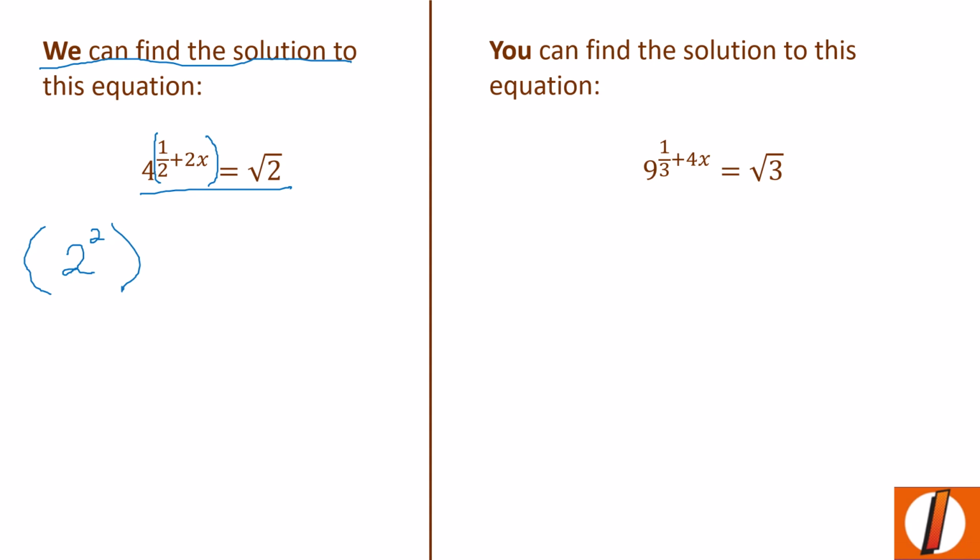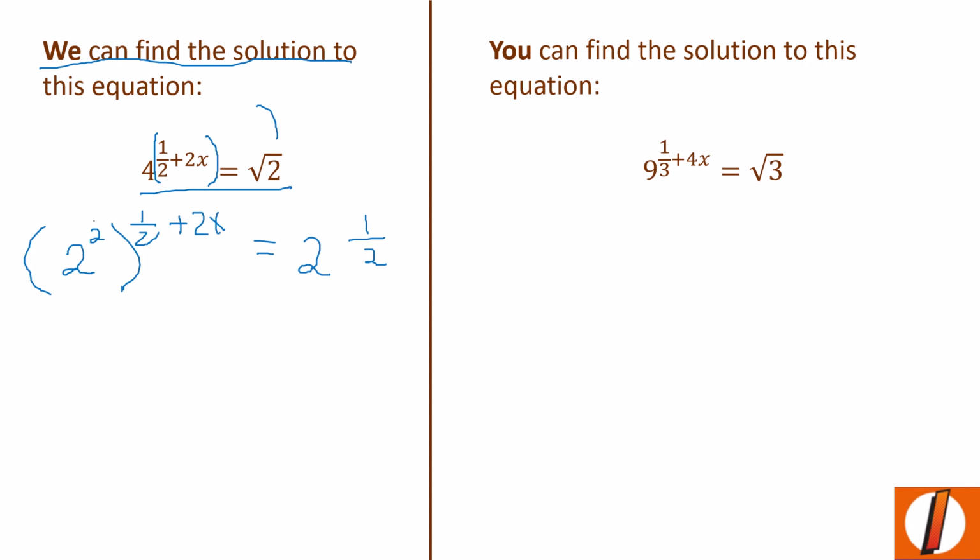So this is 2 squared times 1/2 plus 2x is equal to, now remember, we can pull this out and write this as the root is 2 and it's 2 to the first power. So that's 2 to the 1/2.